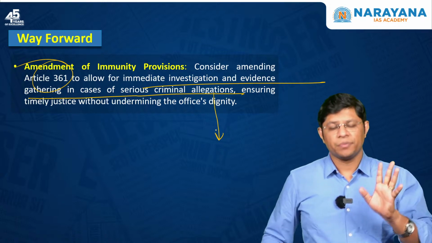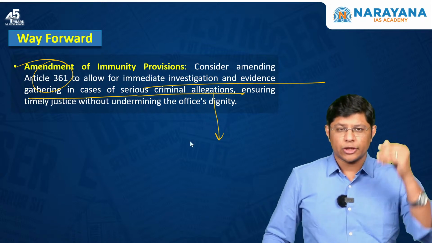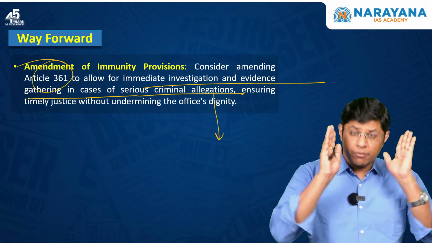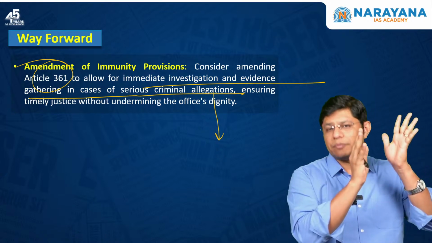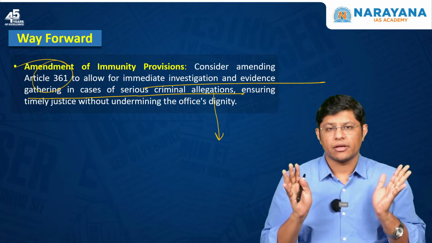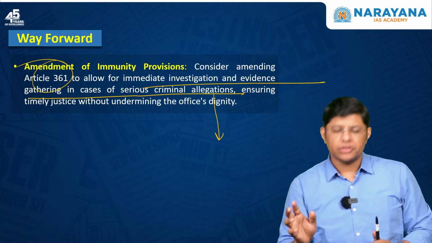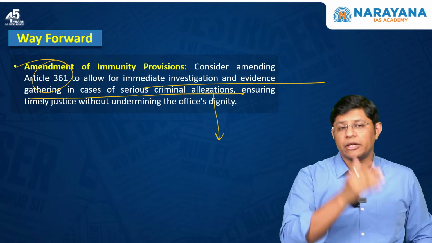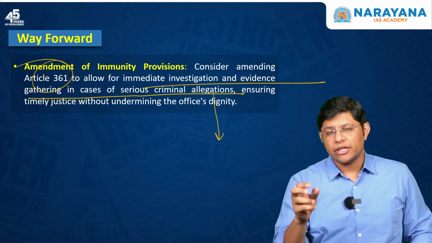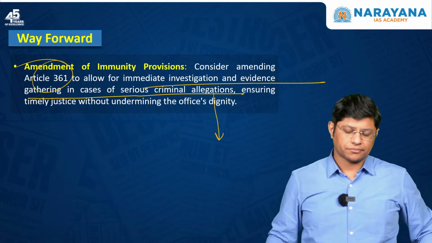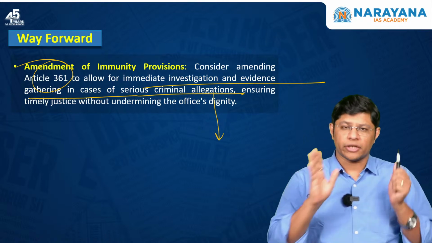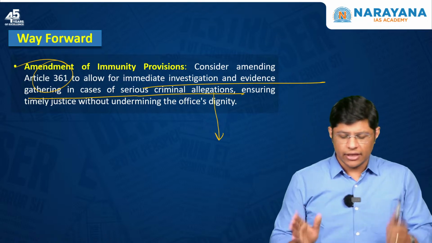I hope students you understood the constitutional provisions relating to a governor and the immunity or protection granted to a president or a governor, right. I hope you understood all the dimensions that we have covered in this topic, most importantly the dimensions relating to the immunity granted to the governors. So, students, that's it on this chapter on immunity granted to a president and governors.